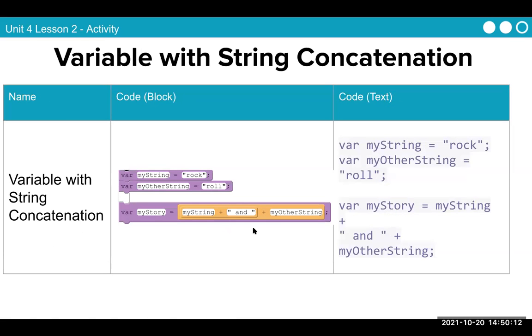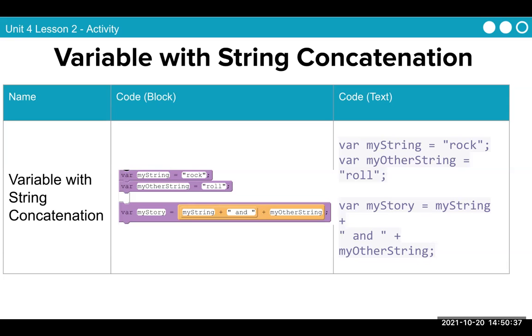Okay, variable with string concatenation. It is a $10 word for creating sentences, for adding things together. It's what concatenation means. So we declare two variables, myString and myOtherString. myString gets rock, myOtherString gets roll.